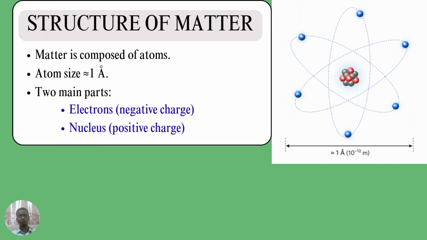Let's start from the structure of matter. As we know, all matter is made of atoms. The atom is very small, with a size of around 1 angstrom, which is 10 raised to minus 10 meter.